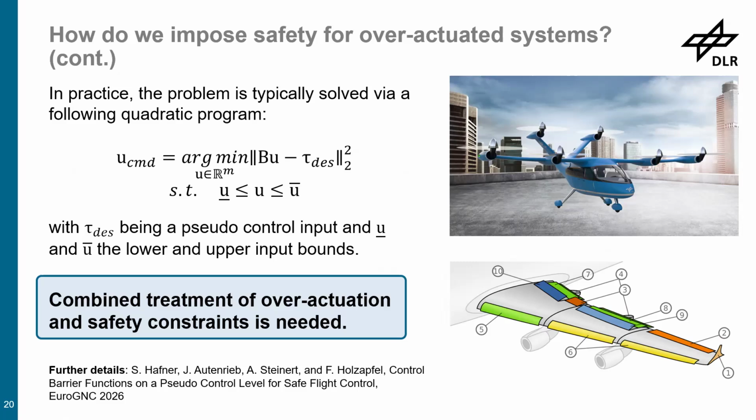And if you look into this, you will see that this is basically a very similar problem setup as you have for control barrier functions, right? And if you then have an over-actuated system while you have safety constraints, you will end up having to combine both of them, right? So you have then a combined problem.